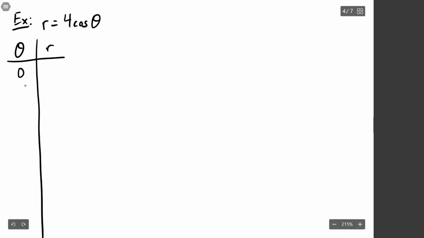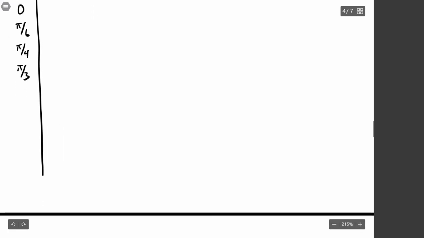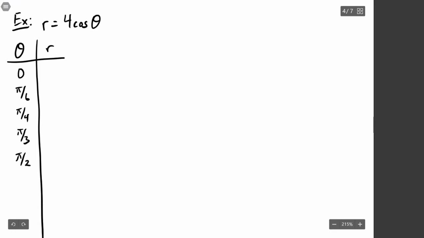And let's look at our usual suspects: 0, pi over 6, pi over 4, pi over 3, pi over 2. If we plug all these in, plug in 0, we get 4. Plug in pi over 6, we get 2 root 3. Here we're going to get 2 root 2, 2, and here we get 0.